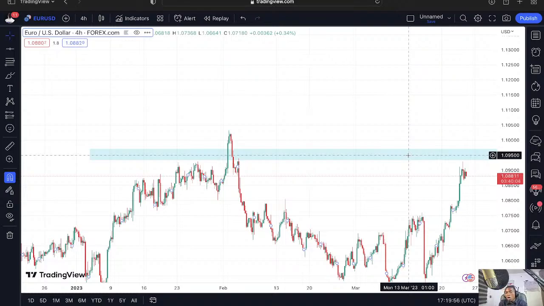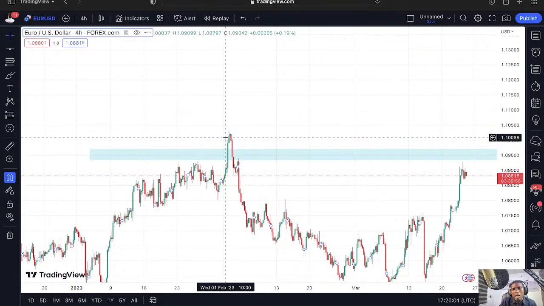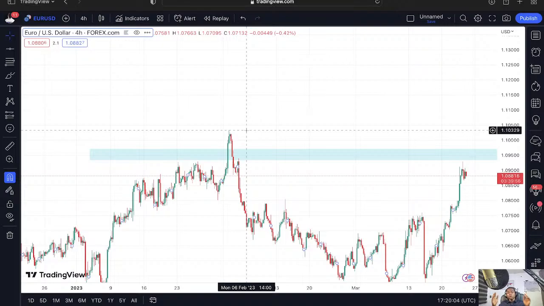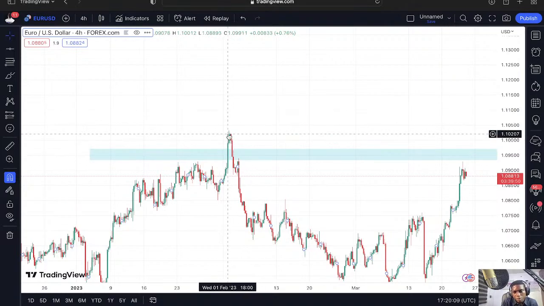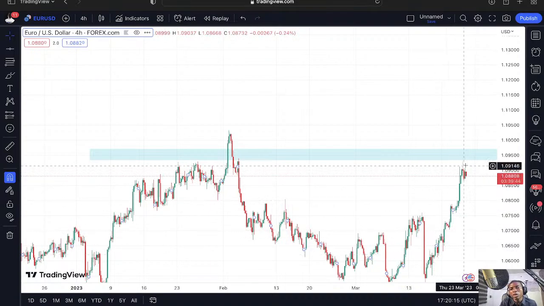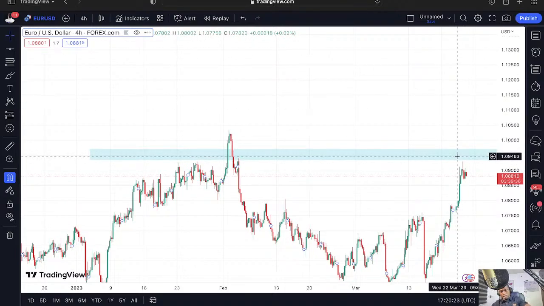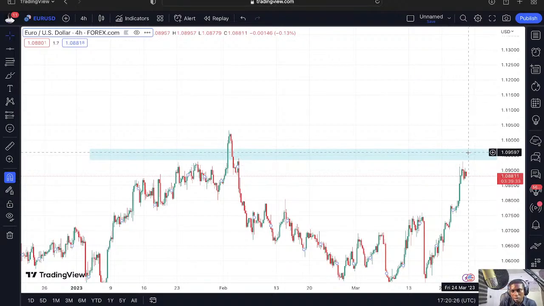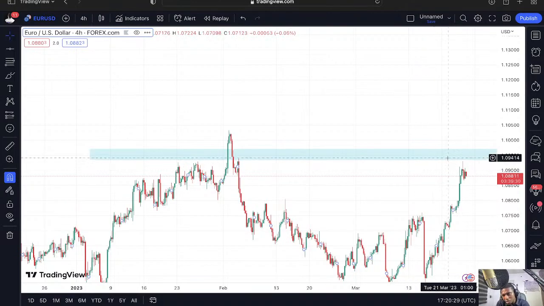Because price footprint had been created here, and we can clearly see that price was rejected here. Price went up here, created a footprint, and was rejected. So it would not be easy to see price just breaking through this same level and just keep going. There would be some kind of constraint, because of the sellers that would also be looking at this region as a point to sell off, to offload.